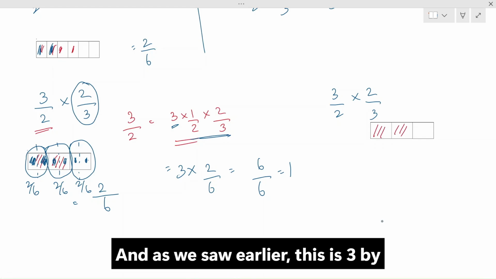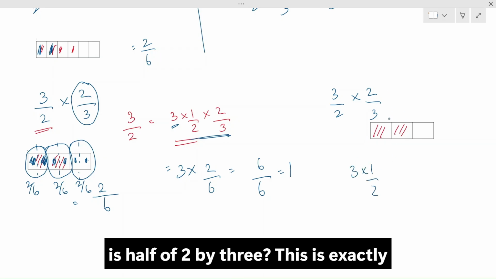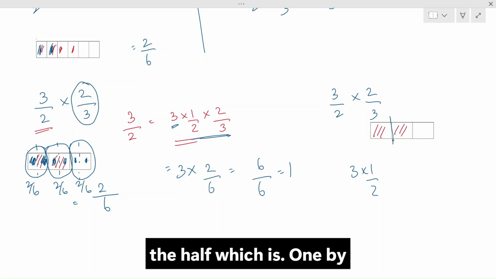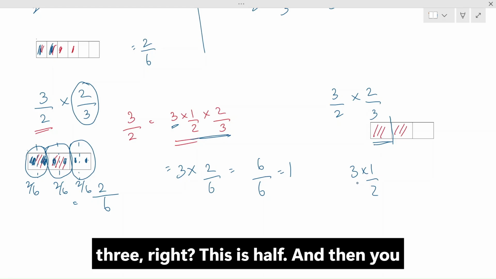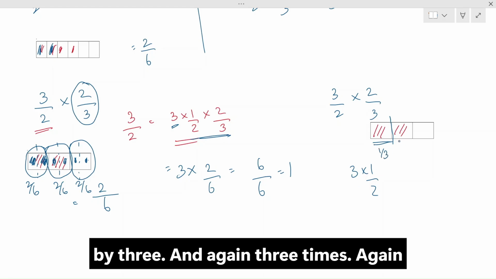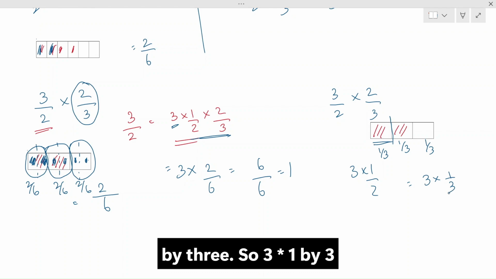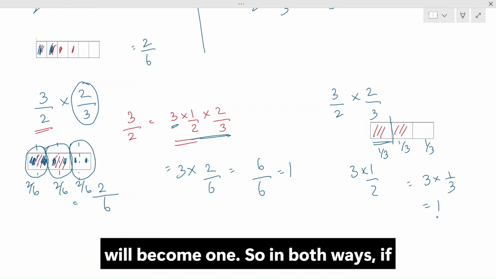And as we saw earlier, 3 by 2 is 3 times half, right? So what is half of 2 by 3? This is exactly the half, which is 1 by 3, right? This is half. And then you want 3 times half. So this is 1 by 3 and again another 1 by 3, again another 1 by 3. So 3 times 1 by 3 will become 1.